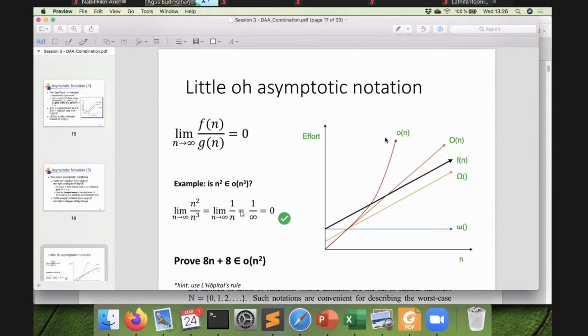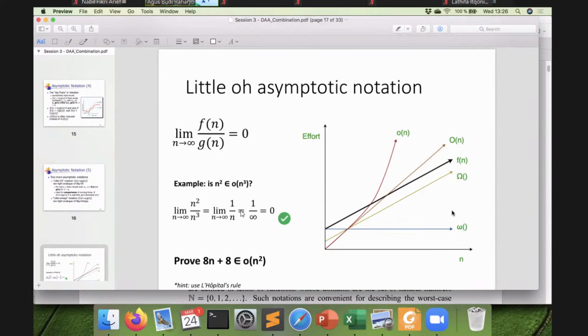Maybe like this one is y equal to x, and this one is y equal to x squared, x quadratic, or x to the power 3, x cubic. So it will go over here. This one we call little o. And the contrary, little omega, is over here.